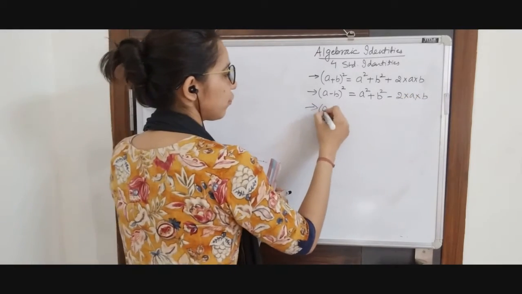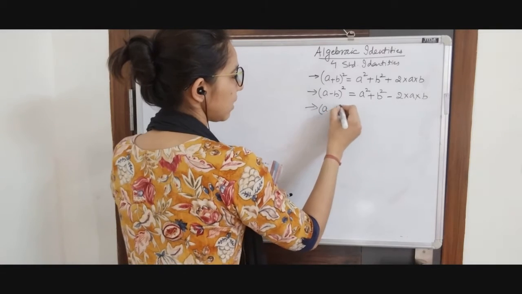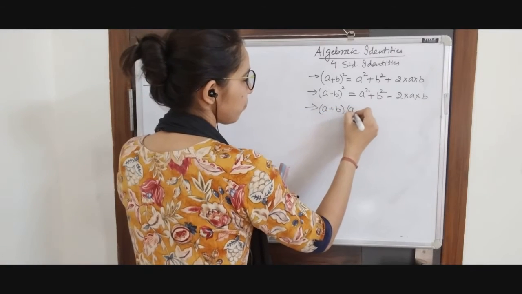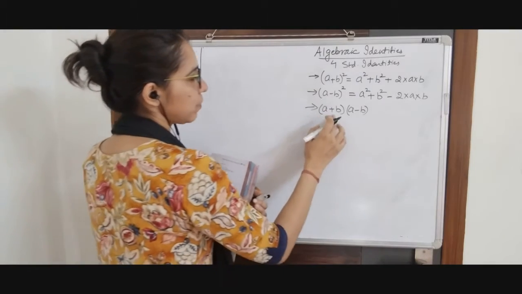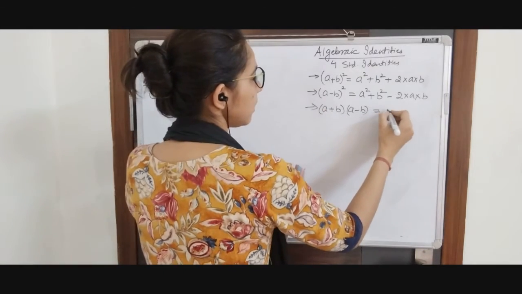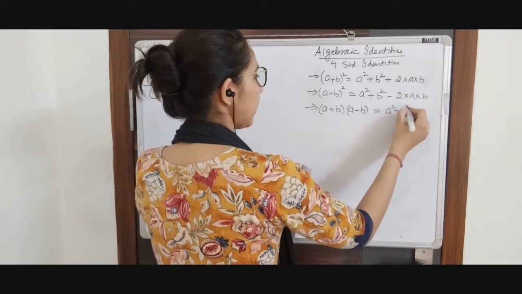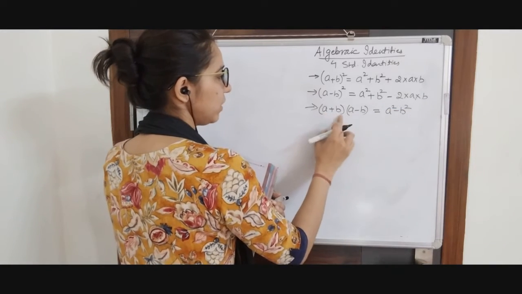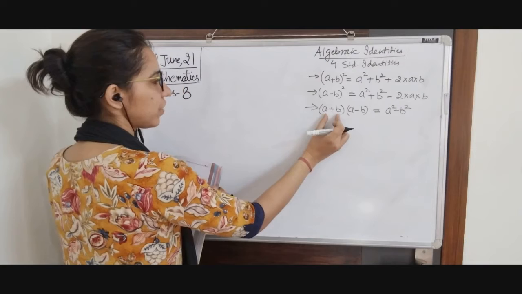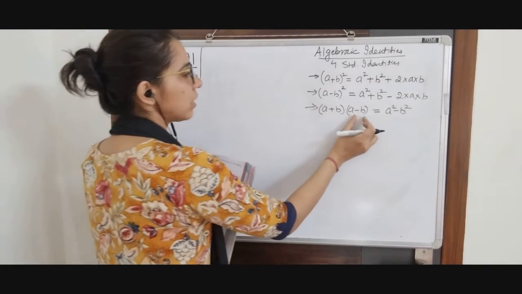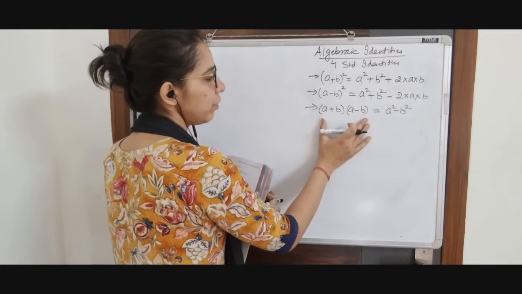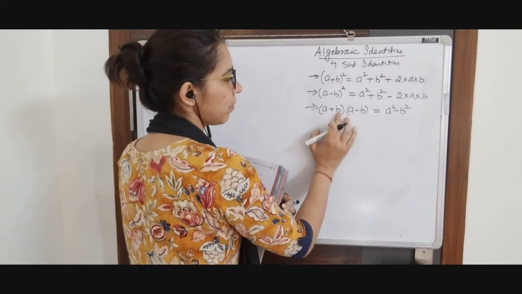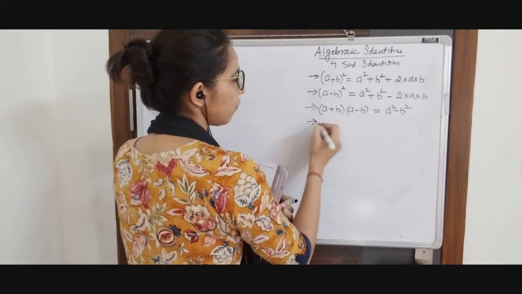If we have two terms, something like (a plus b) into (a minus b), then it will be equal to a square minus b square. Here, once we are adding both the terms, once we are subtracting both the terms, and then we are finding the product. It will be equal to the square of the first term minus the square of the second term, and vice versa also.